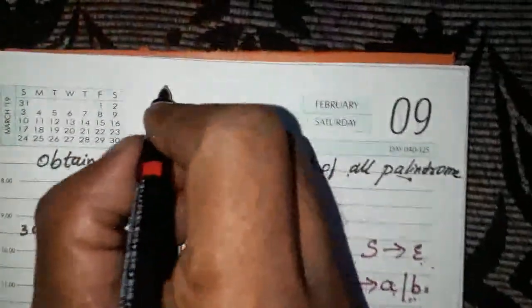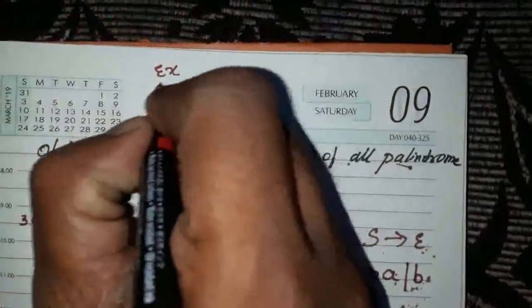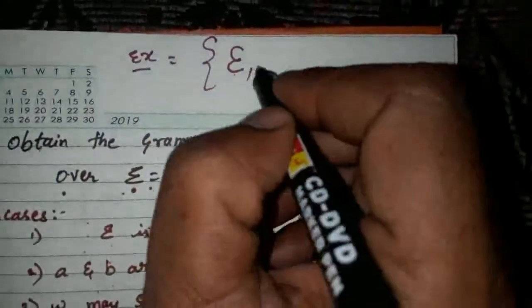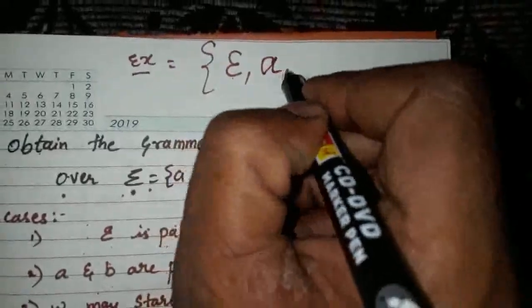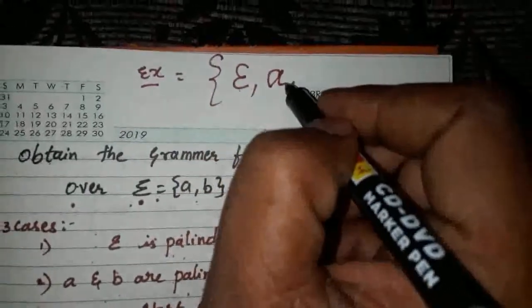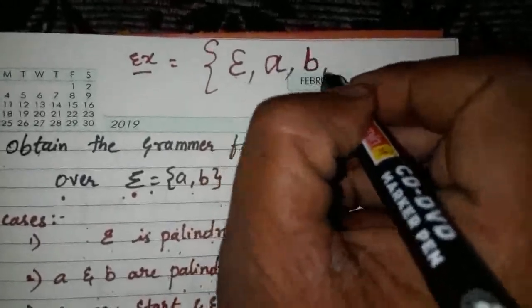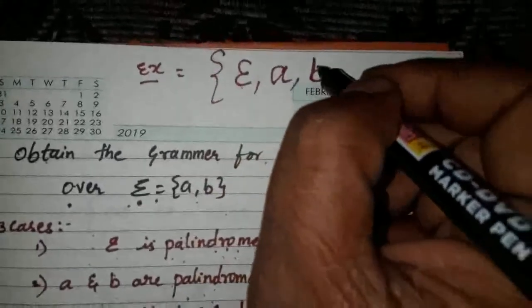That means, we'll write some palindrome examples. Suppose if I write a null string epsilon, it is a palindrome. If I write a single a, this is a palindrome because it is starting with a and ending with a. If I write 1 b, it is a palindrome, right?